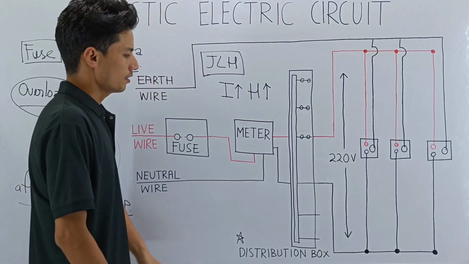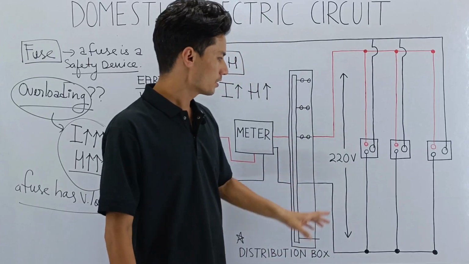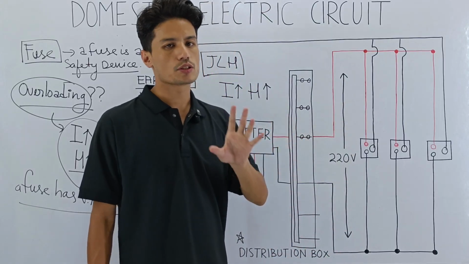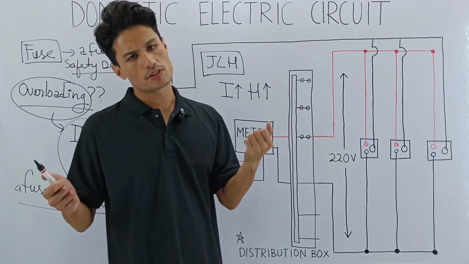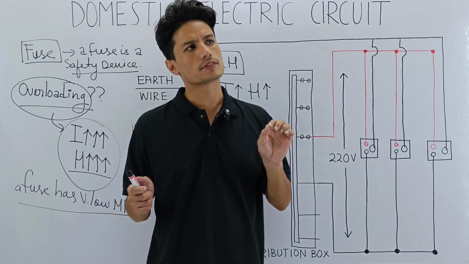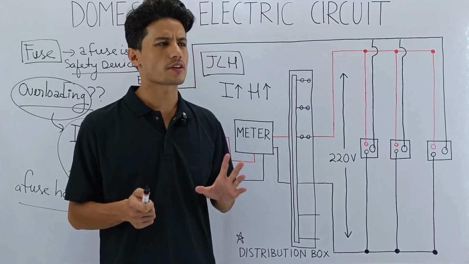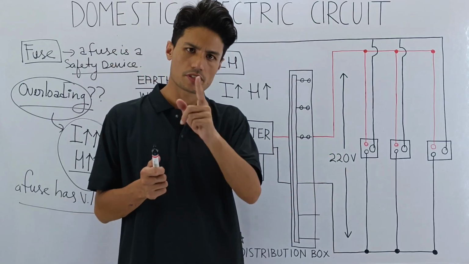Now between the live wire and the neutral wire in our country India, the potential difference is 220 volts, which is different for different countries and areas. I don't know about others, but I do know that in the USA it's much below ours. I think theirs is around 110. I'm not very sure, but you can always check it.